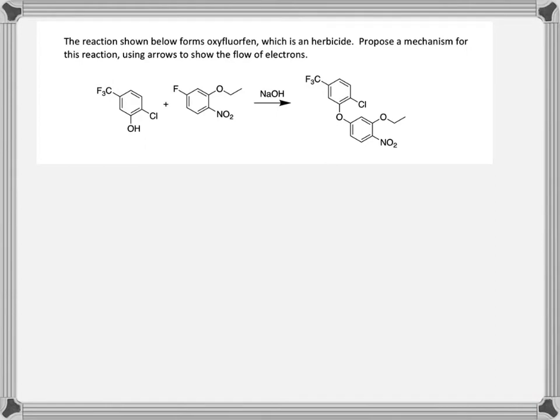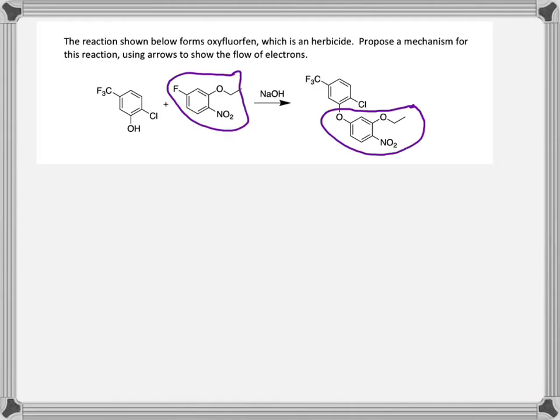If it was a nucleophile and it attacked the fluorine on one of the rings or the chlorine on the other ring, that would allow us to have a substitution on an individual ring. That would not allow us to make a molecule that is big, like this one that has both of these molecules put together.